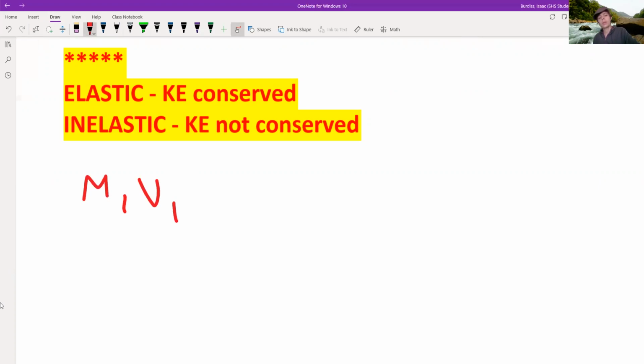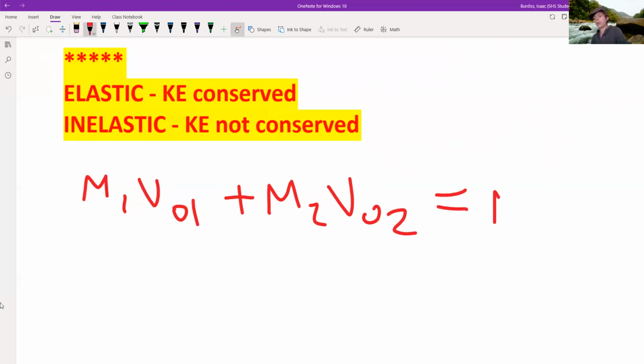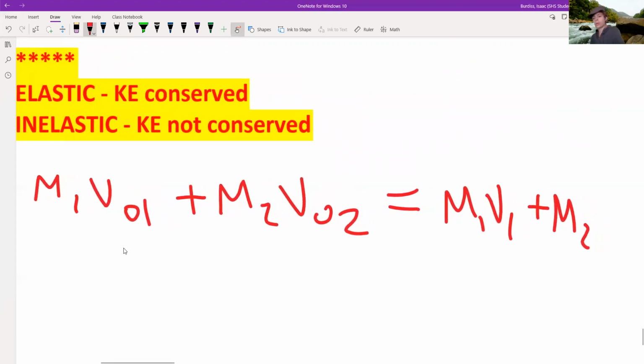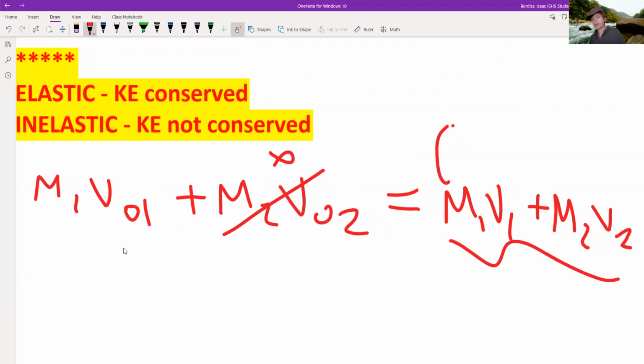M1 V01 plus M2 V02 equals M1 V1 final plus M2 V2. And obviously, if something was at rest, then it would be 0 at the beginning. And if the mass was combined, then it would have one velocity when it's inelastic.